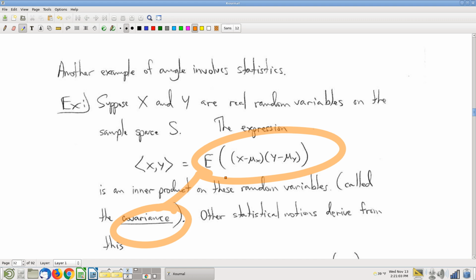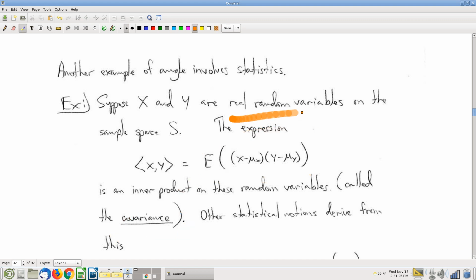And when you have random variables, let's say x and y, like maybe I've got a bucket of rocks, mass is a random variable because each one of those rocks has a mass. Then volume is a random variable because each one of those rocks has a volume. So anyway, those are random variables. And it turns out that this formula is an inner product.